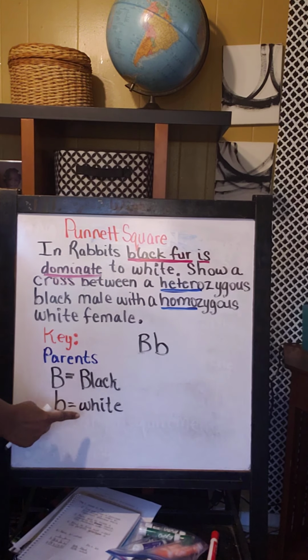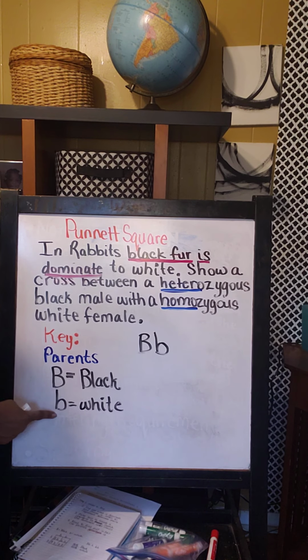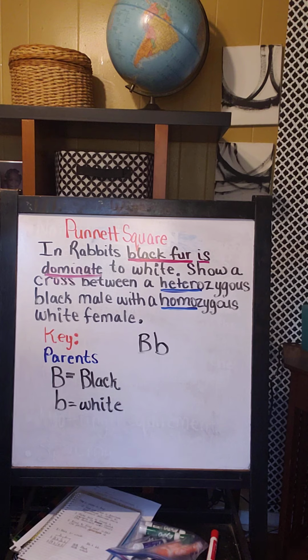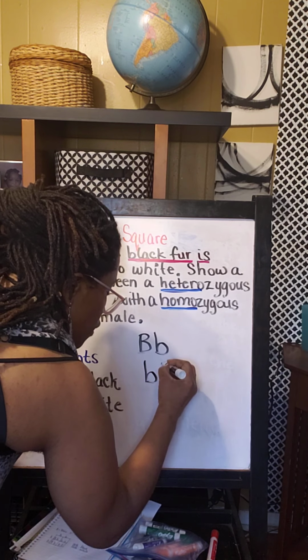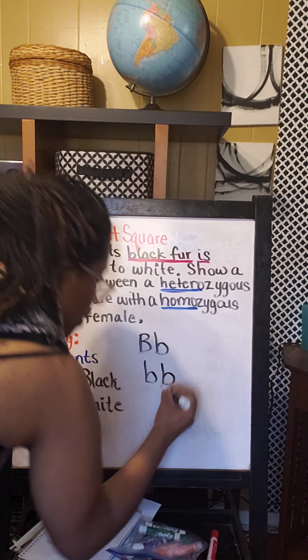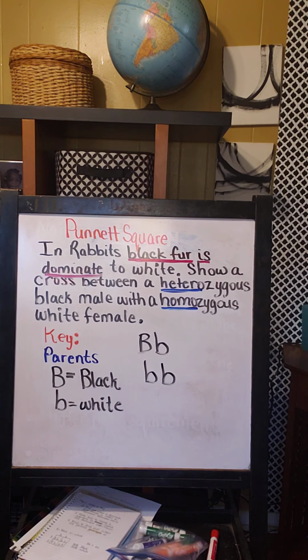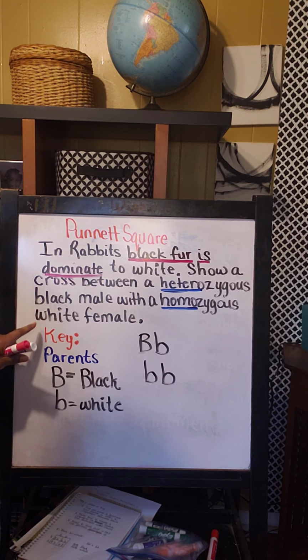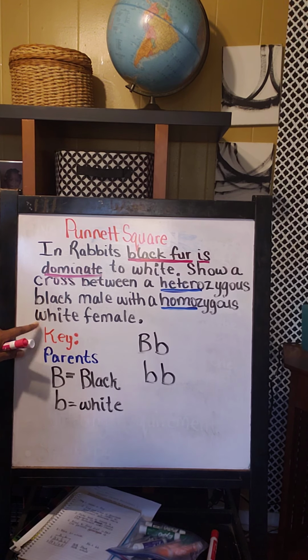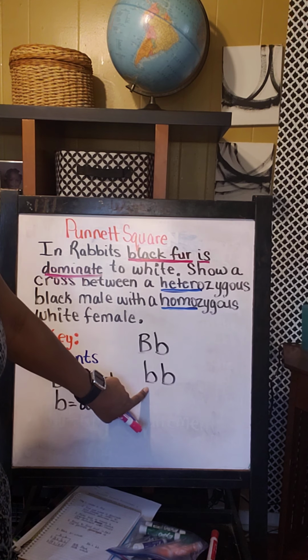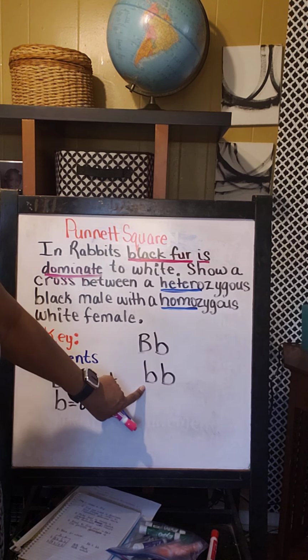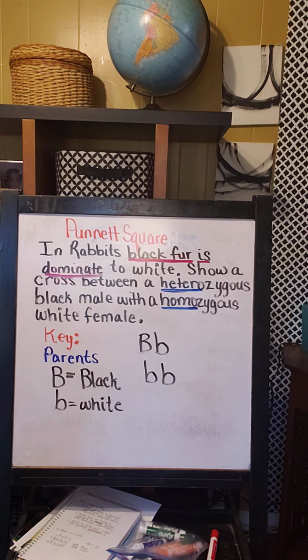So we understand that white means we're going to be using this recessive. And if she is appearing to be white, it's important that you understand that she definitely is two recessives. In order for you to see the white, because it is recessive, you're going to have two recessive alleles.